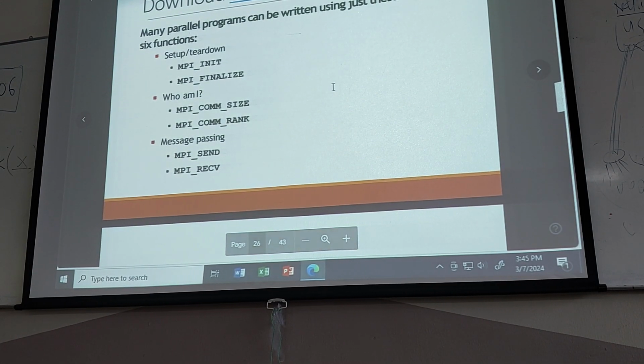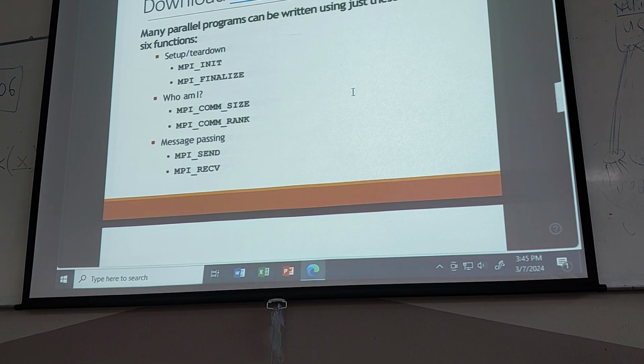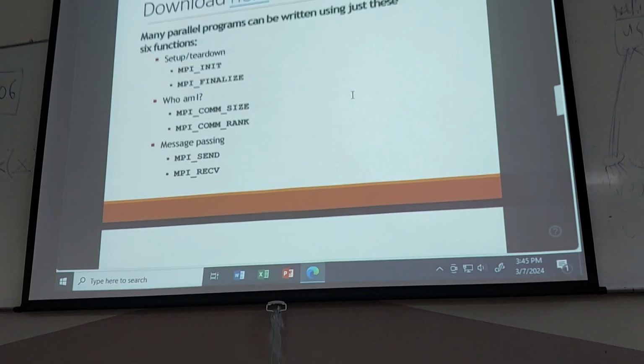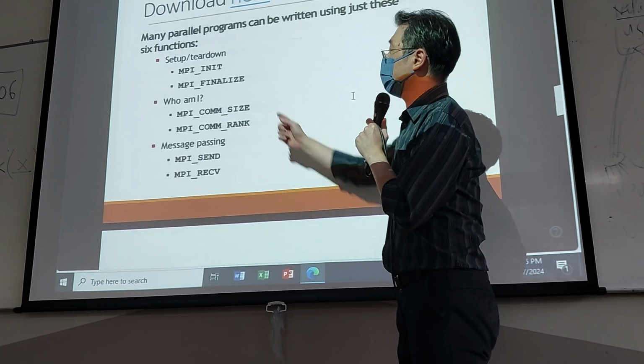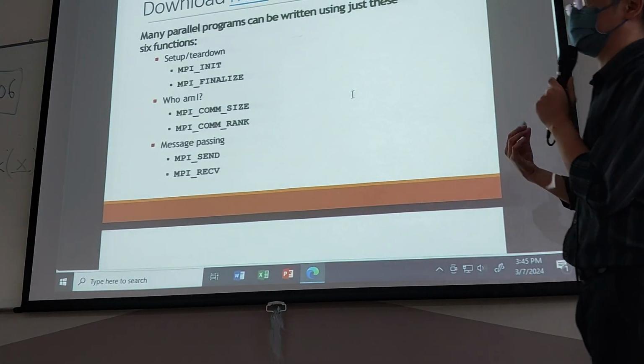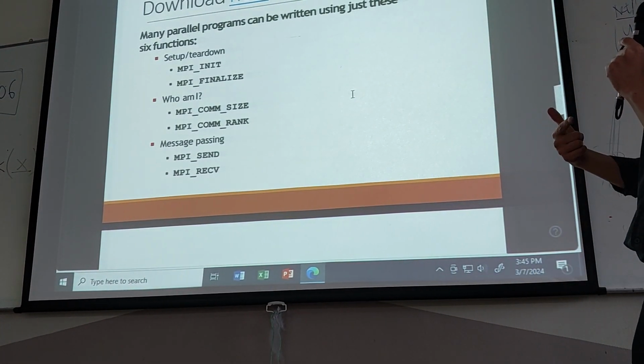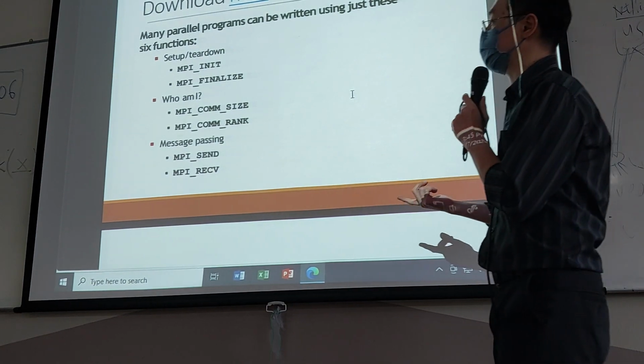Okay, so this is the MPI example. We will do this in one of the practicals. First thing is how we set it up, and how to shut it down. To set it up, we use MPI init. To shut it down, we use MPI finalize. You will see this very often, just like OMP, where we get the ID and the size, the number of threads that we create.